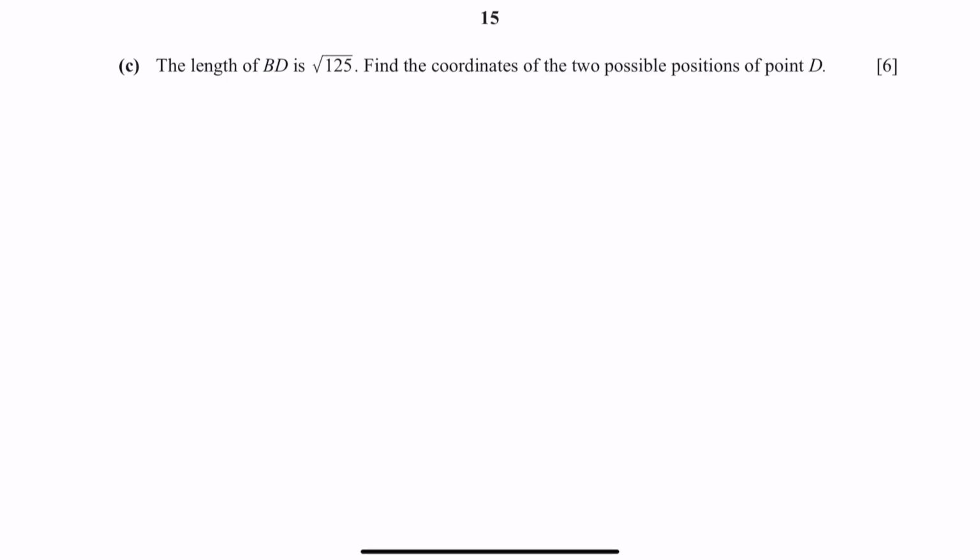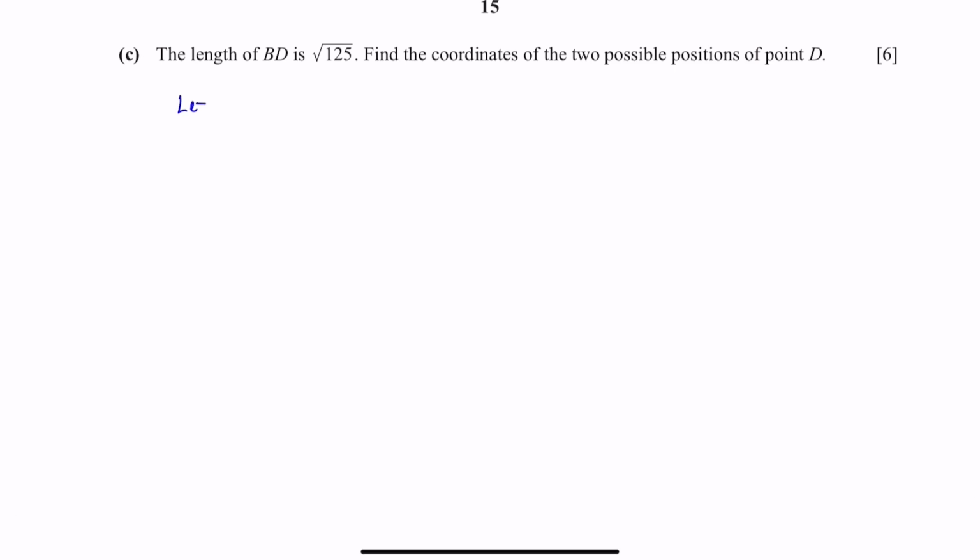Part C. The length of BD is root 125. Find the coordinates of the two possible positions of point D. So now we don't know the coordinates of point D. Let D equal (x, y), because we don't know the coordinates, right?